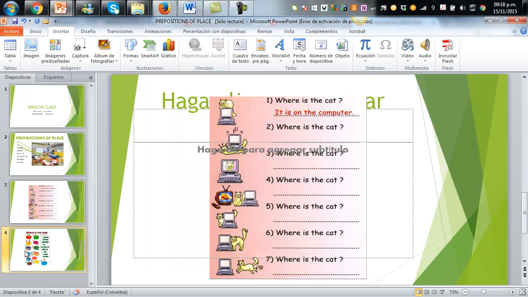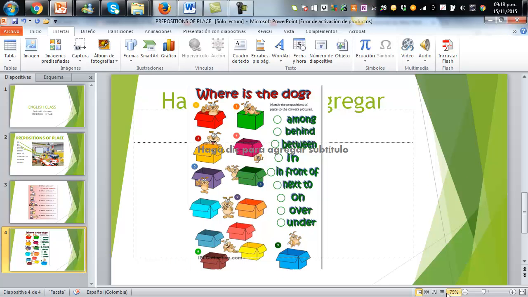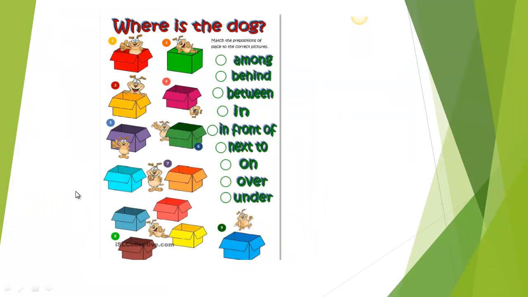Then we have the last activity guide. So the first thing I want you to do in this activity guide is to check all the preposition list that we have here on the right. If you have any doubt about any of this, please first ask the teacher and then do the exercise.